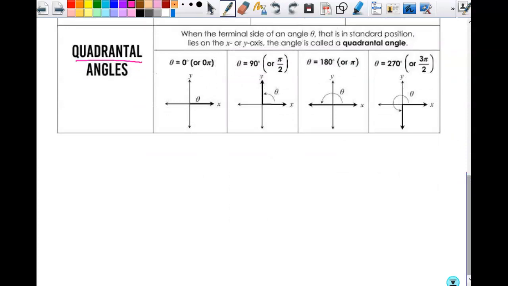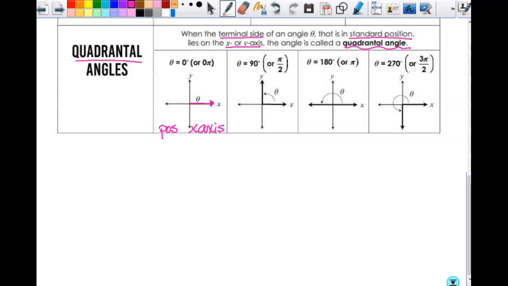So it says when the terminal side of an angle theta in standard position lies on the x or y axis, the angle is called a quadrantal angle. So when I'm at 0, or 2 pi, or 4 pi, or however many rotations I made, if I end up there, I'm not in a quadrant. It's a quadrantal angle, and then I say I'm on the positive x-axis.